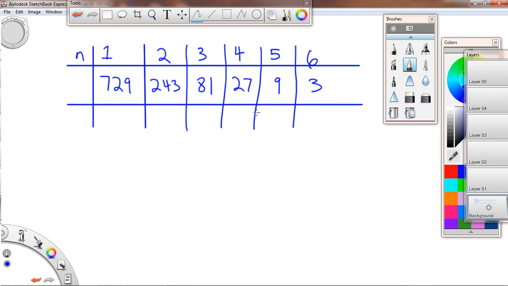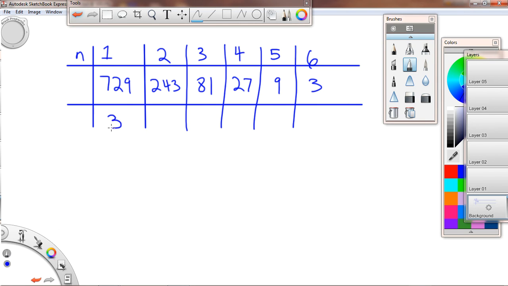Now, here's where we're going to look for a pattern of these numbers. And I think a lot of people noticed, well, this is 3, this is 3 times 3, this is 3 times 3 times 3, and this is 3 to the 4th and 3 to the 5th. So we're going to write these as a power.